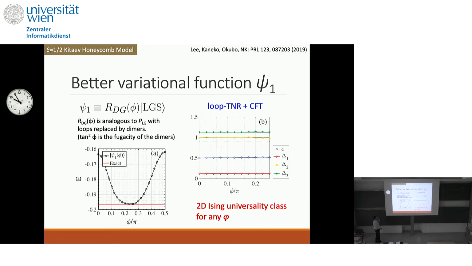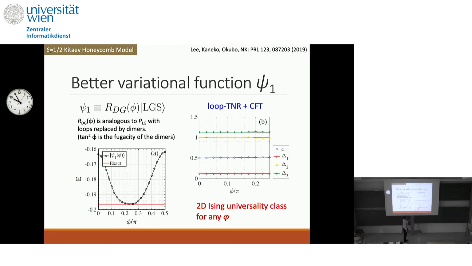Okay, anyway, although I'm not 100% sure whether this state is really the Kitaev honeycomb spin liquid, at least these two, the Kitaev honeycomb spin liquid and the loop gas state, share the same criticality that is governed by the 2D CFT.